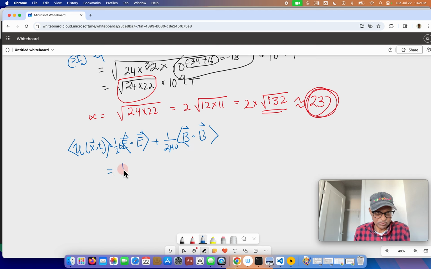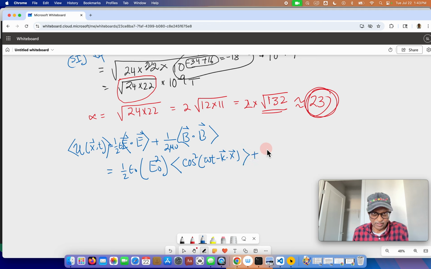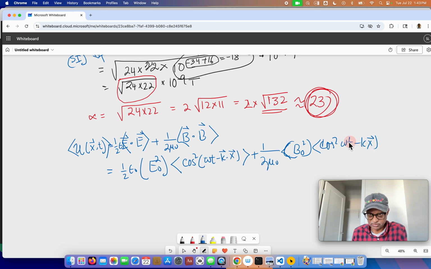So this just turns out to be half epsilon naught E0 square from the amplitude, and then the average of cosine square of omega t minus k dot x vector, where x is the position vector, and one for this guy. So B0 square, that's constant, so the average will be just itself, and cosine square of omega t minus k dot x vector.